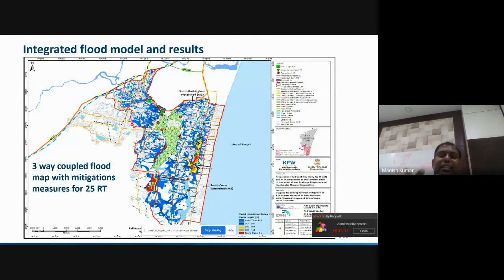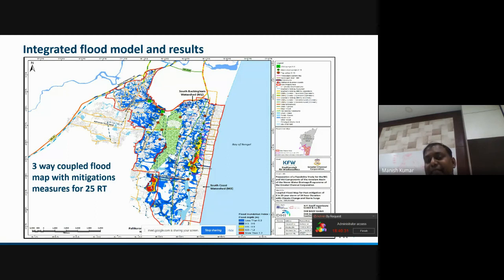You can get inundation due to heavy rainfall, due to river overflow, due to coastal high tides, or the combined effect of all these three. So this way we are using the same model. You have a rainfall forecast for the future period, you have a flood scenario for the future period, and accordingly you take a decision: this area is going to get inundated, we need management in that area.